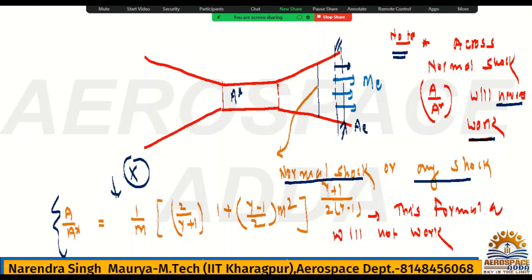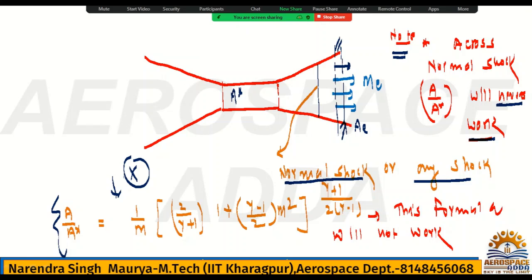So this is all about the CD nozzle. Because of the time constraint I'm not able to continue this. Otherwise, if you go for the CD nozzle analysis again, one more hour it will take. But what is required for your GATE, I explained, and that is more than enough. No need to go for more and more.